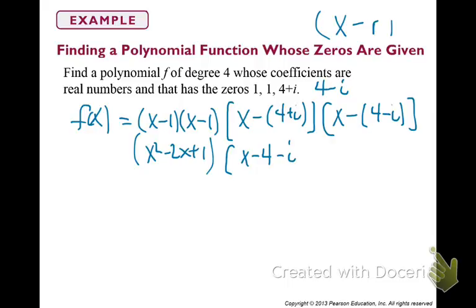Now, that x minus 4 is considered the a, or the real part. So we're going to put that in parentheses. And then distribute your next one. That gives you negative 4 plus i. And our x minus 4 over here, we're going to put in parentheses.